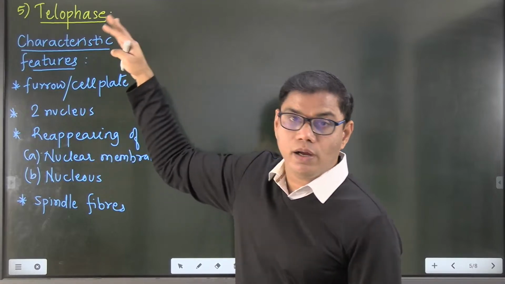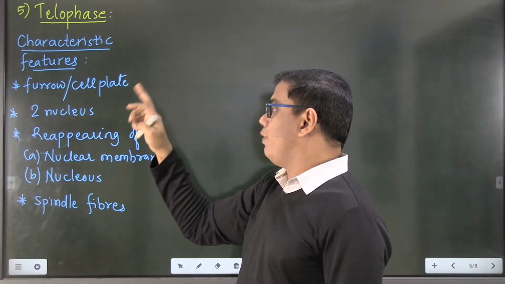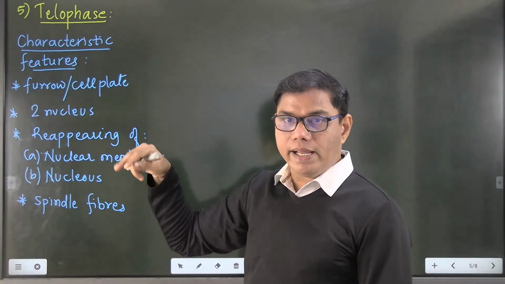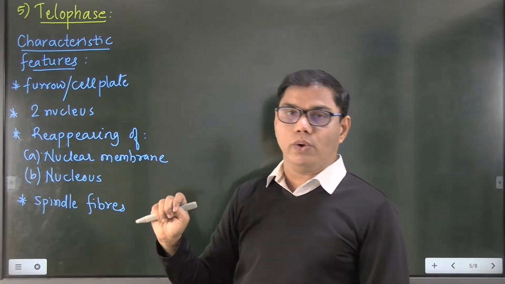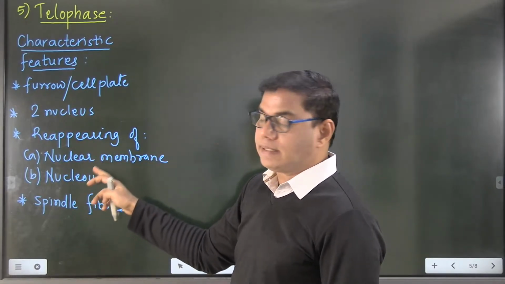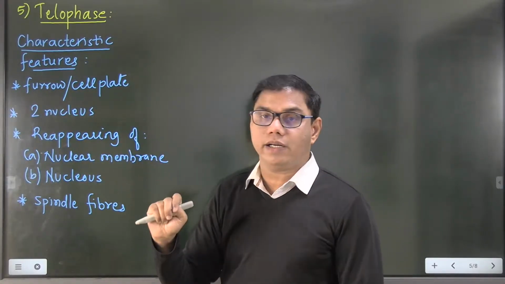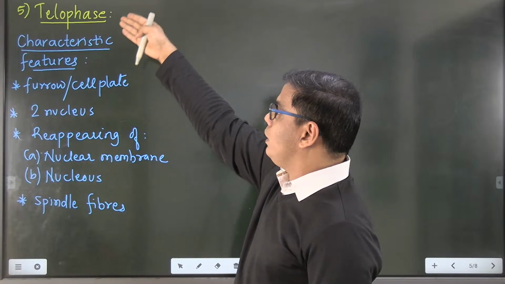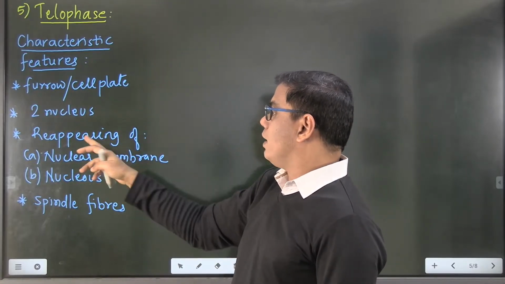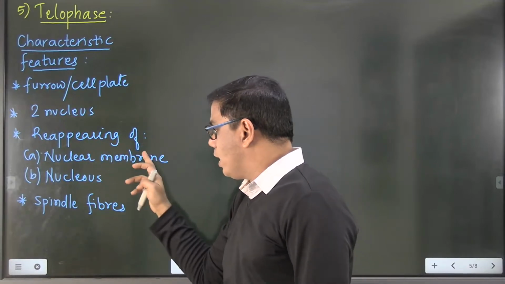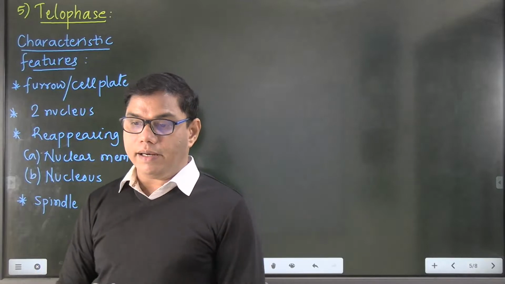These are opposite to the first phase, prophase. In prophase there was disappearing, and here reappearing of nuclear membrane and nucleolus. You may get a question in your examination, how telophase is opposite to prophase. In prophase there was disappearing of nuclear membrane and nucleolus, but here both parts will reappear.